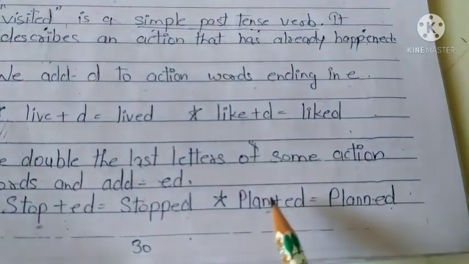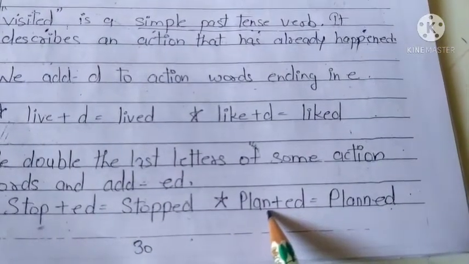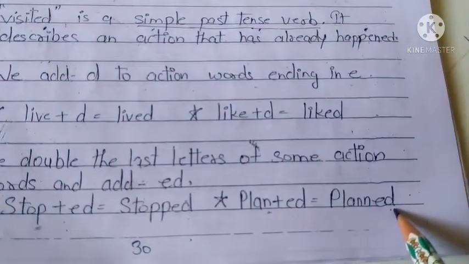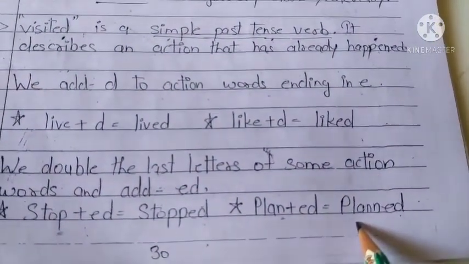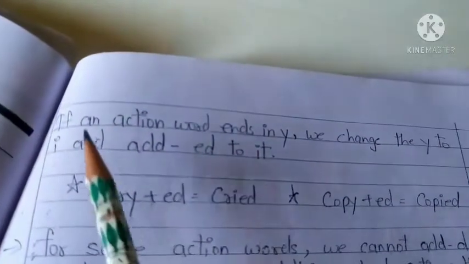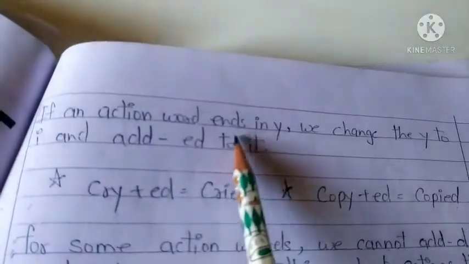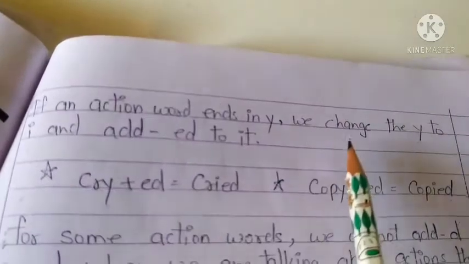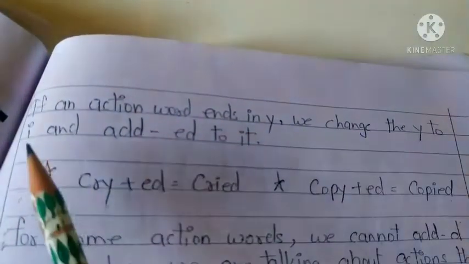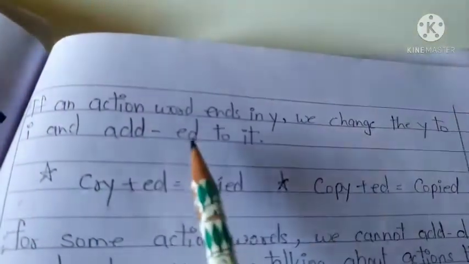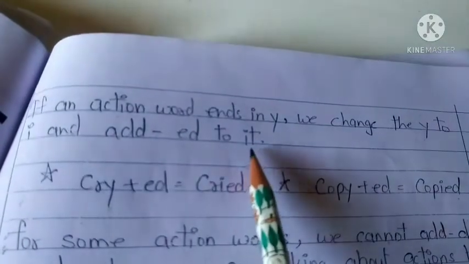In this verb, we double the last letter, then we add ed to make it according to the past tense. If an action word ends in y, we change the y to i and add ed to it.